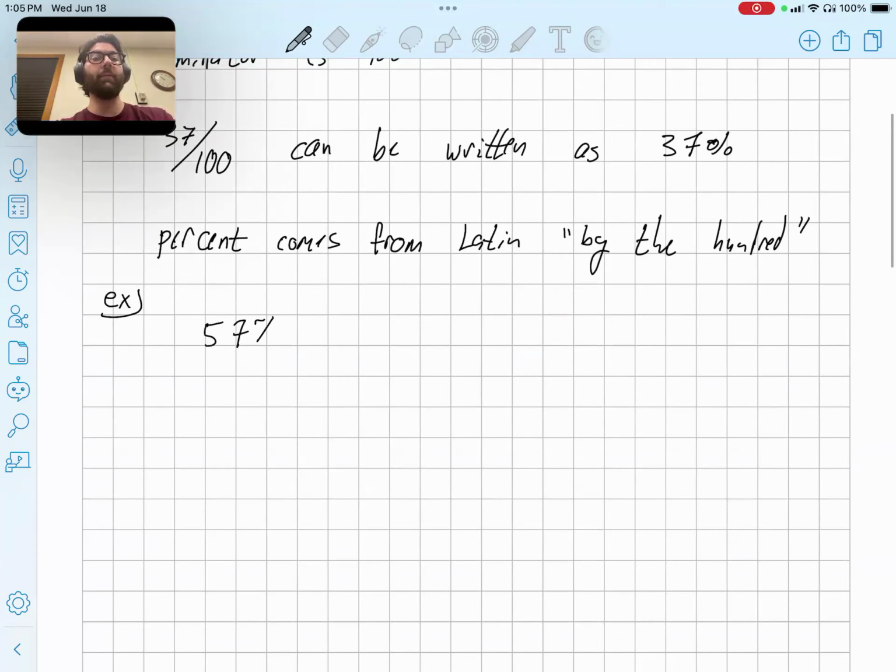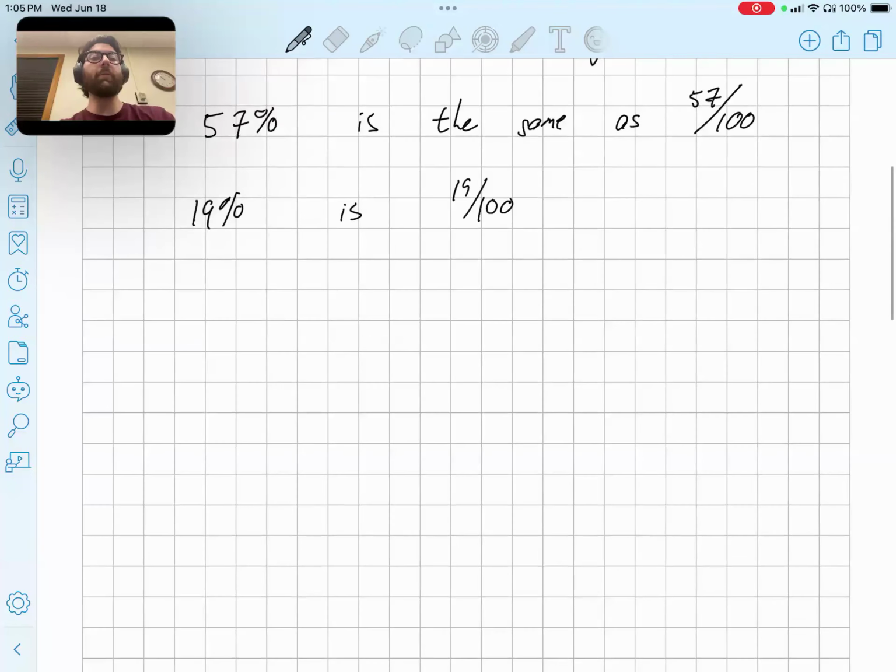57% is the same as 57 over 100. 19% is 19 over 100. And in general, P% is P over 100.